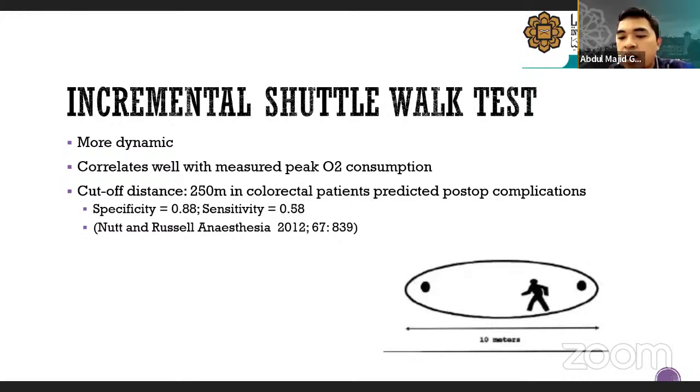The person needs to walk around 250 meters across the cones, and there will be an increase in speed in between. The person will be attached with SpO2 and heart rate monitoring, and we will see the time for them to finish the walking and the distance covered.